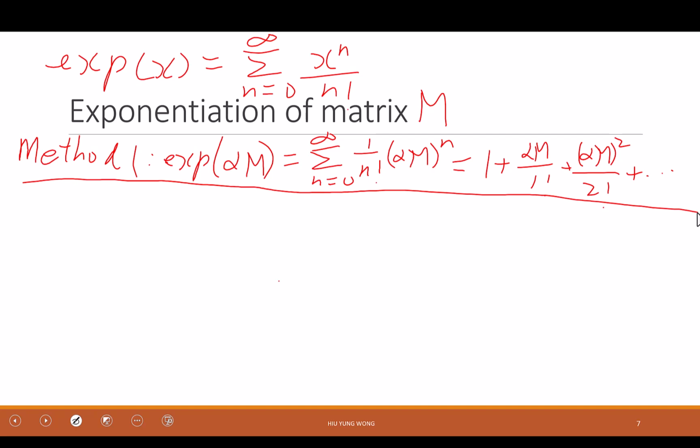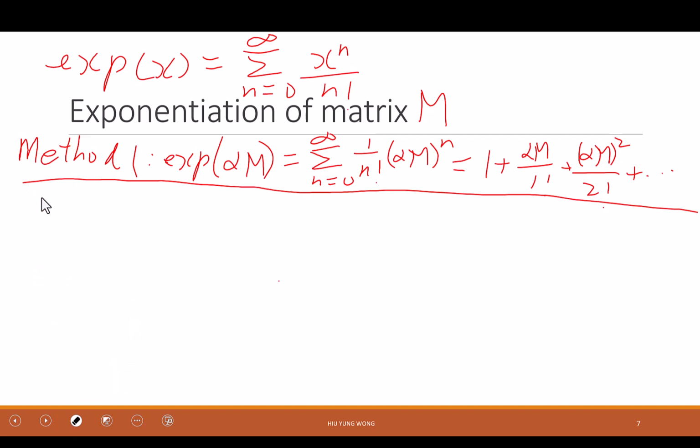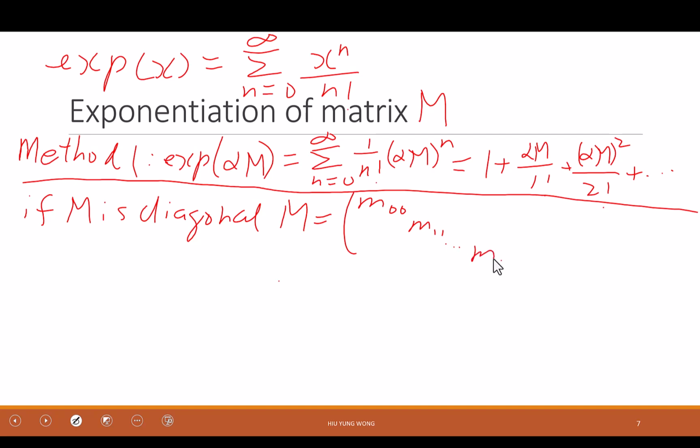Okay? Now, method 2, this is not a general method. Maybe I should not say method 2. Let me just say if m is diagonal. What does it mean? It means I can write m equals m0, 0, m1, 1, all the way to m n n, and it is 0 elsewhere.